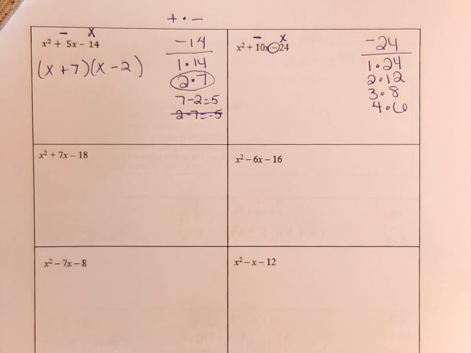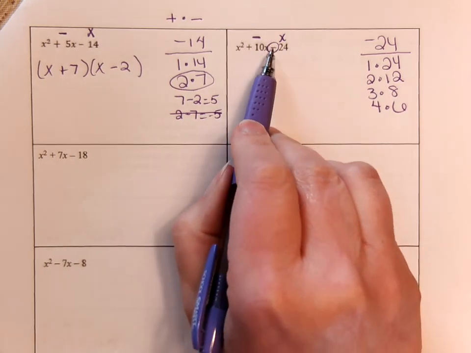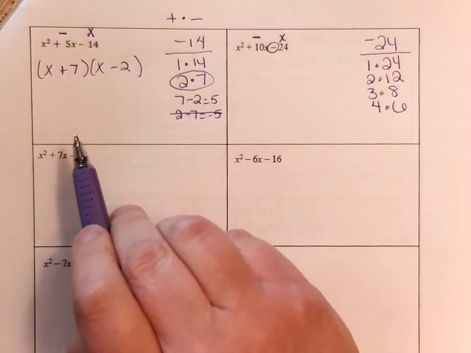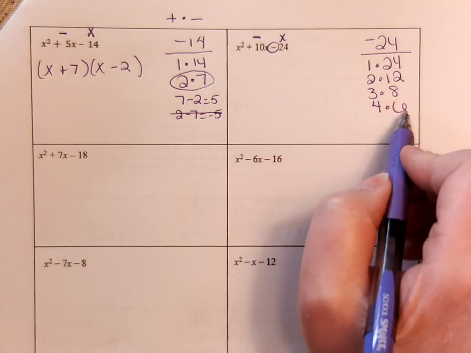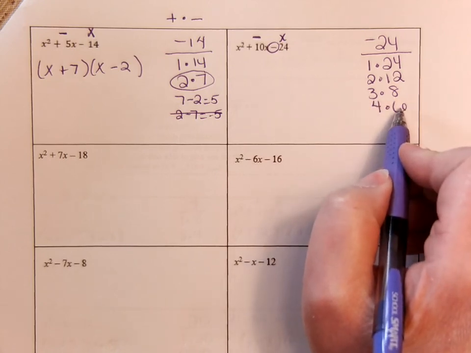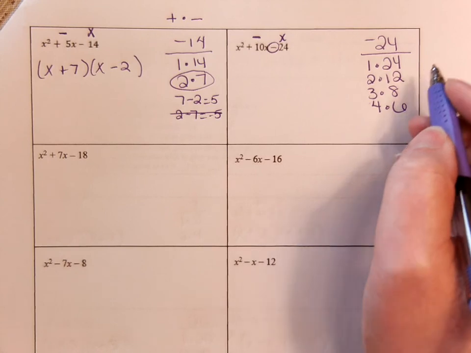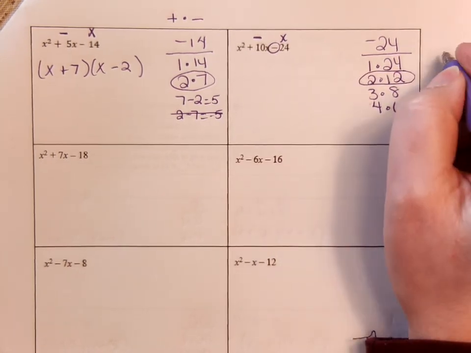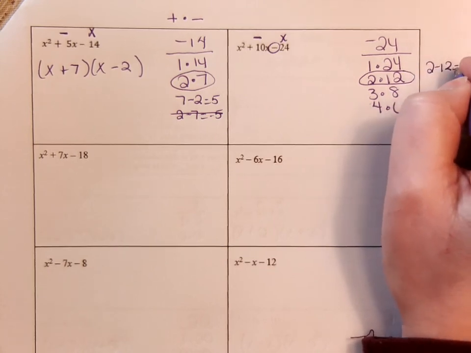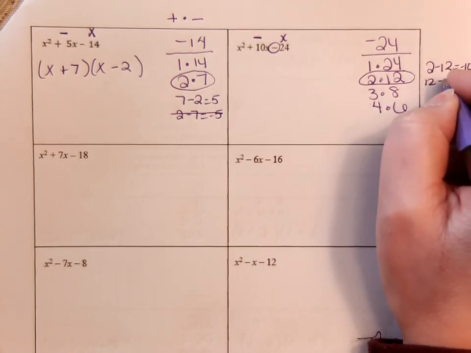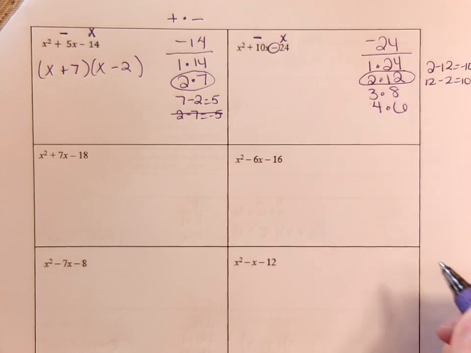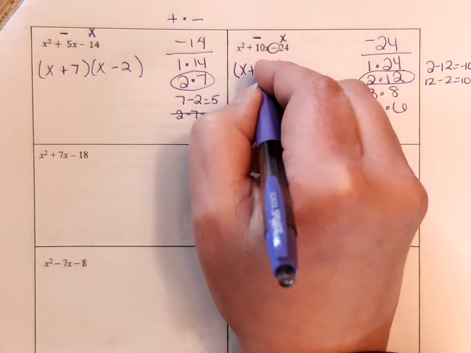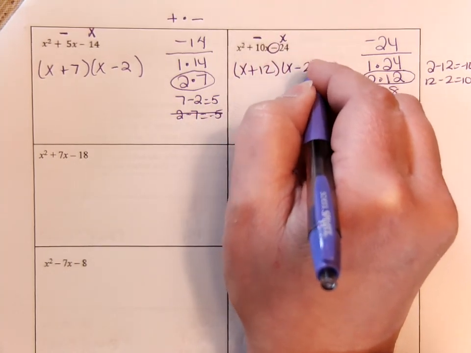Okay, well, the catch here, don't forget, is we want to find out which pair subtracts to give us that 10. So don't be fooled that 4 plus 6 is 10, but really we want to find out which one subtracts. And that's going to be our 2 and 12. So 2 minus 12 is negative 10. 12 minus 2 is positive 10. We want the positive 10. So we're going to do x plus 12 and x minus 2.